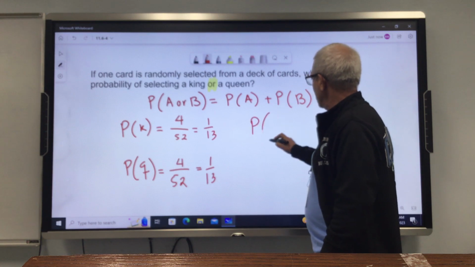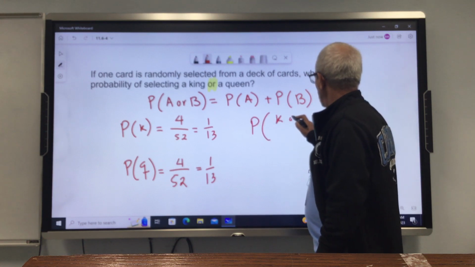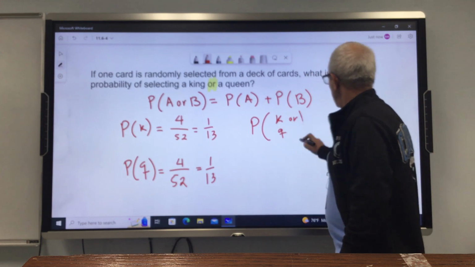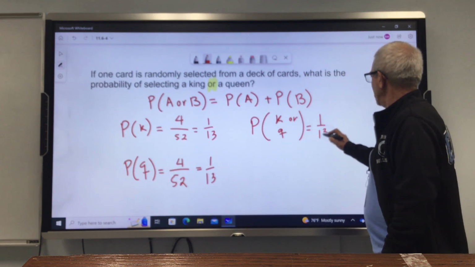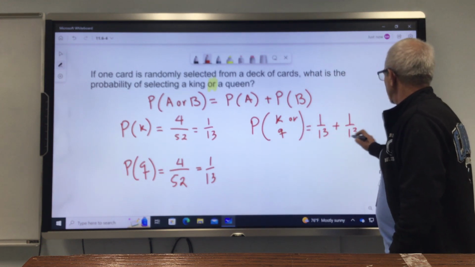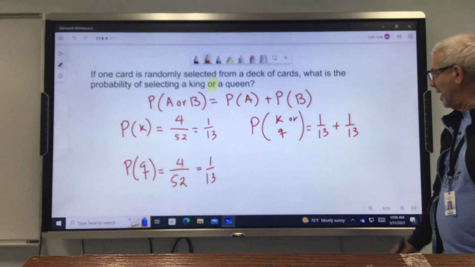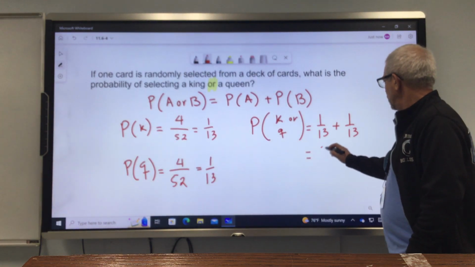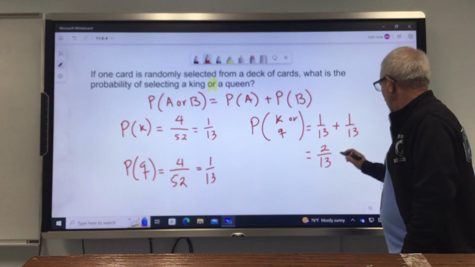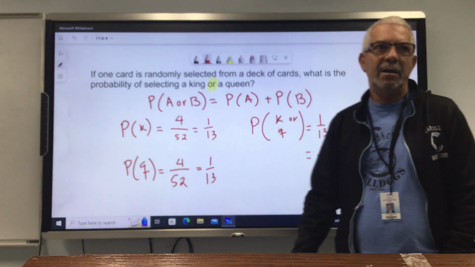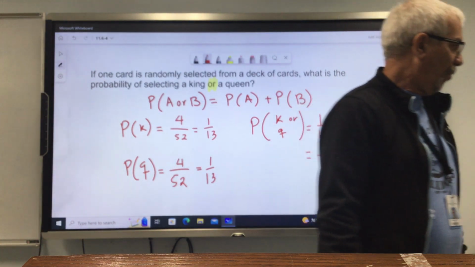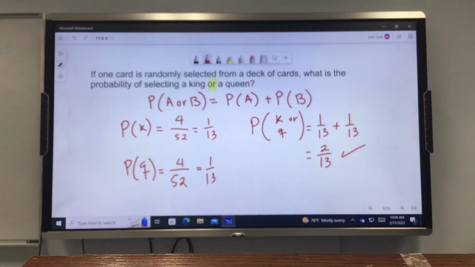The probability to be a king or a queen will be 1 over 13 plus 1 over 13. And we add them. Then that will be 2 over 13. And that is the answer. Okay? For the second example.